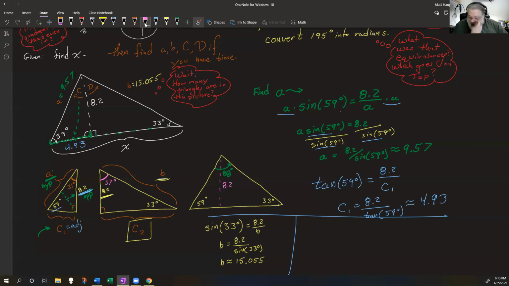Since mocking helps you, I should really do that. Cotangent of 33 degrees is equal to adjacent over opposite. Don't write this down, by the way. I'm just doing this to hurt Aaron. So the cotangent of 33 degrees equals our adjacent, the C2, over the opposite, the 8.2.